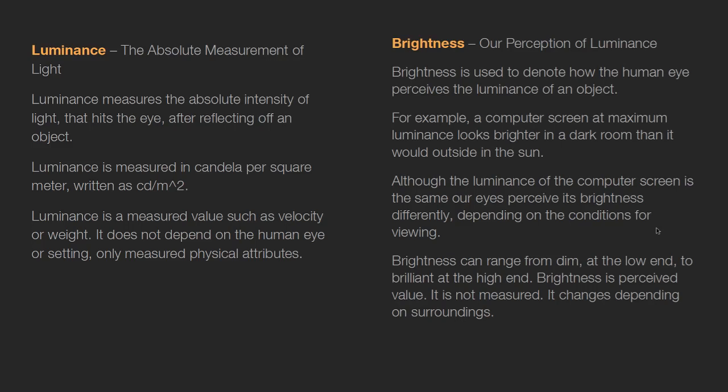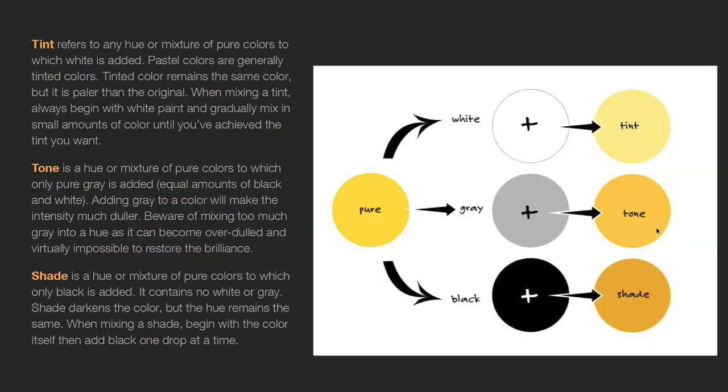Think about how a bright room looks when you have lights on, when it's nighttime, versus when you have lights on during the day, or when your phone is adjusting for the brightness for the light that's around you.